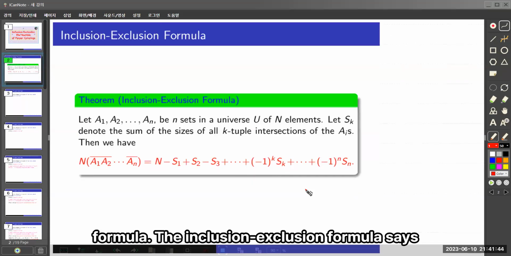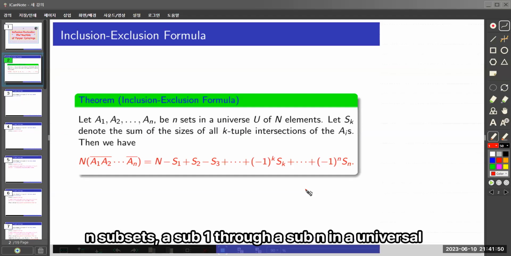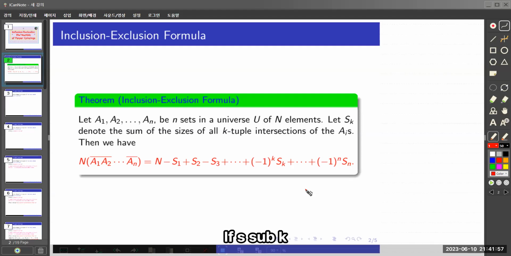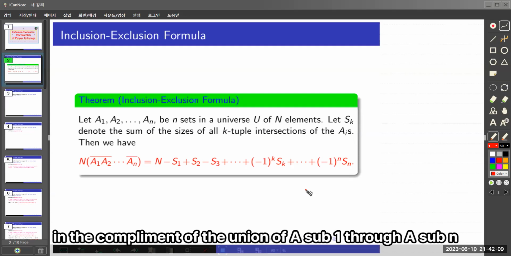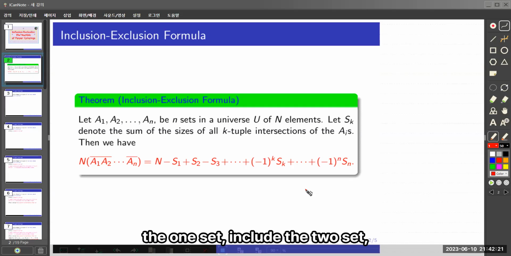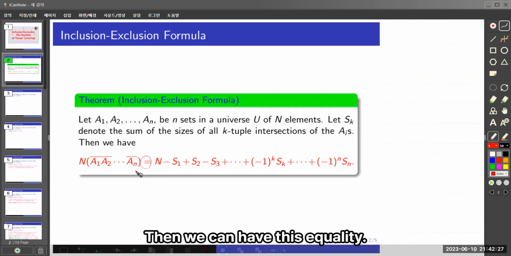The inclusion-exclusion formula says that given n subsets A_1 through A_n in a universal set with N elements, if S_k denotes the sum of the sizes of all k-tuple intersections of the A_i's, then to count the number of elements in the complement of the union of A_1 through A_n, we have to include the universal set, exclude one set, include two sets, exclude three sets, and keep going. Then we can have this equality.